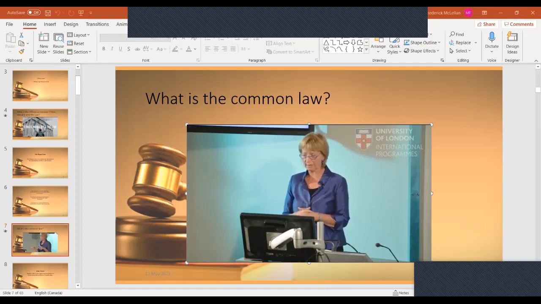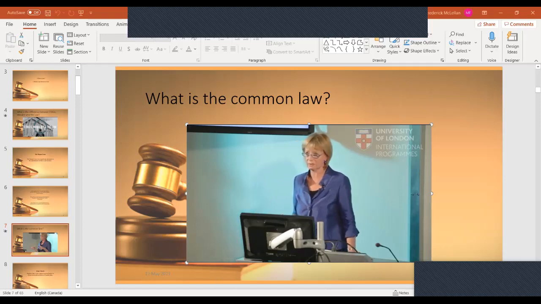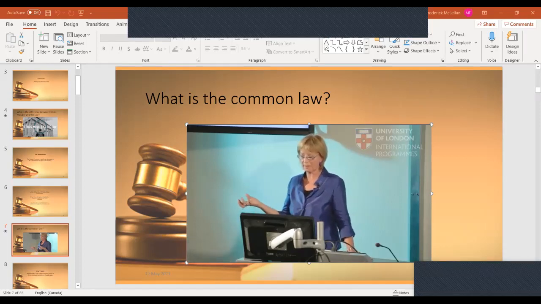So it's the law of the land created essentially by the judiciary. The broad common law comprises laws, legal principles articulated by judges in individual cases in court. So the common law is sometimes referred to as case law because it emanates from individual cases. The common law develops by judges following the decisions of other judges who have decided similar cases previously.